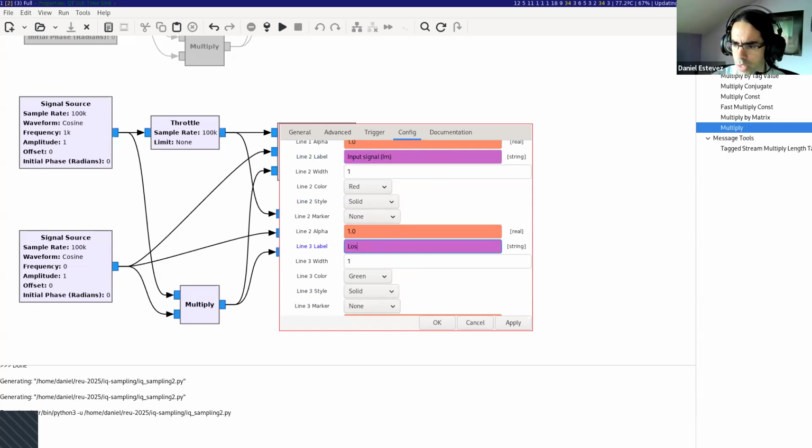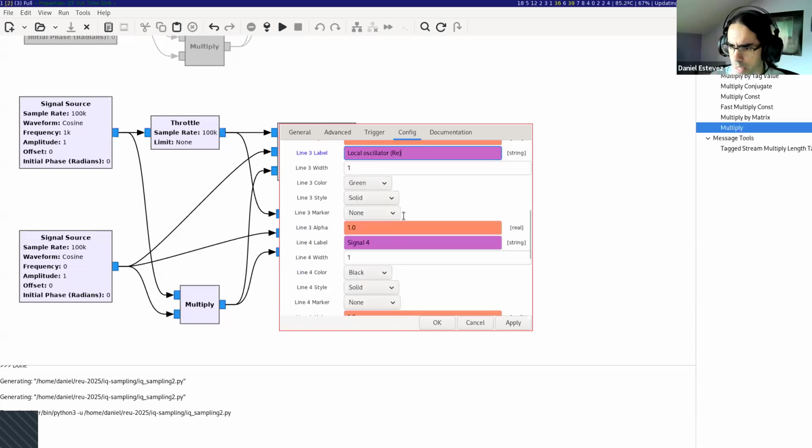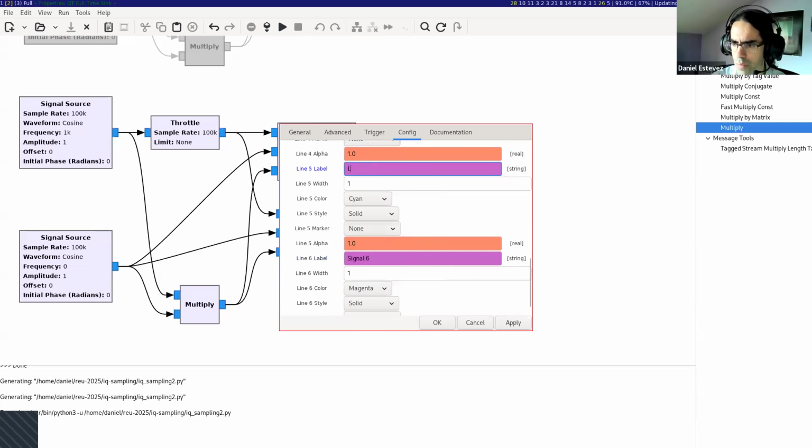So this should be local oscillator, real part. The signal 4 should be local oscillator, imaginary part. Signal 5 should be the product, real part.